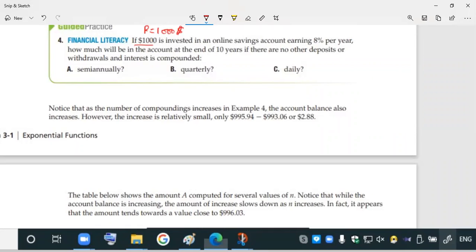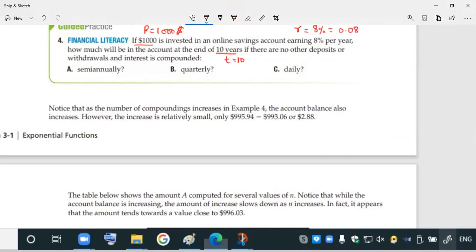Savings account earning R is equal to 8% per year. 8% per year means 0.08 is the value of R. At the end of 10 years, T is equal to 10.